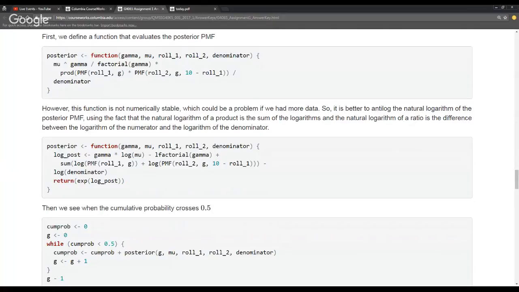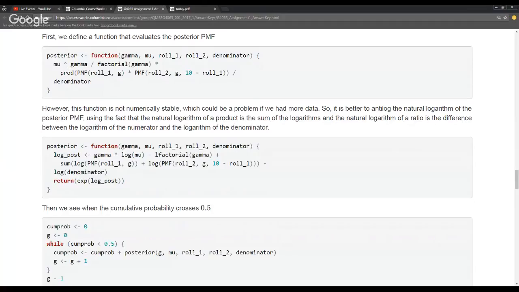They're always going to be positive numbers, so the logarithm is well defined. And at the end, if you want it in the original units, you just do the anti-log of the probability mass function in log units. Or sometimes later in the semester, we won't even bother anti-logging. We'll just work in log units.